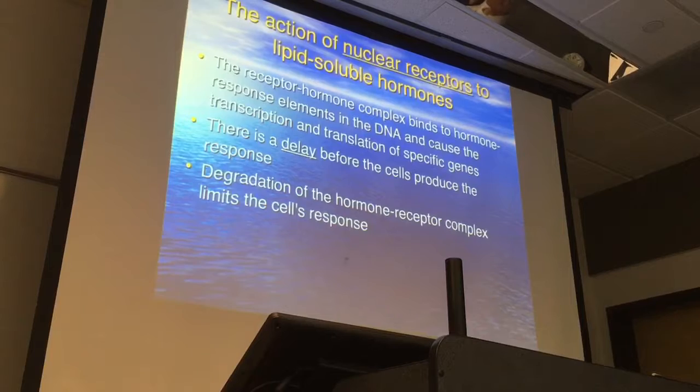It takes a while before the proteins are turned over. Proteins are turned over in the cell, but they last for hours to days. Okay? This is how you turn it off, but understand, once you make the protein, it's there, it's active, it's got to be turned over, and that takes a while. So it's a delay to get the response, and it lasts a while once it's produced inside a target cell.